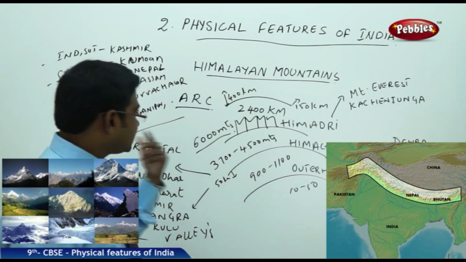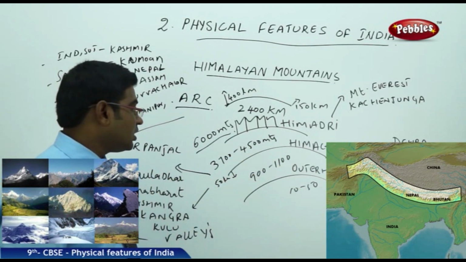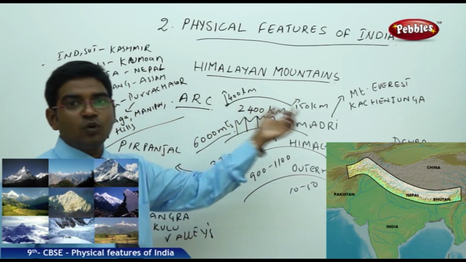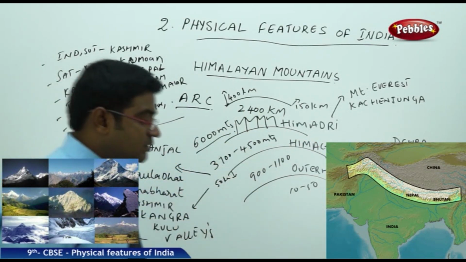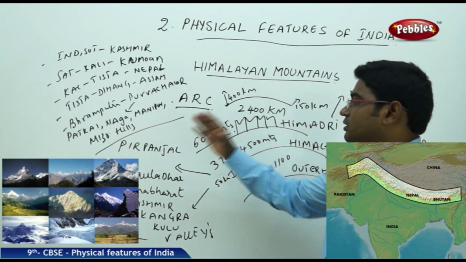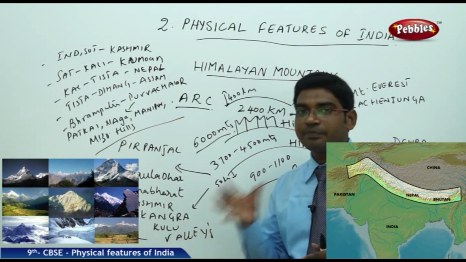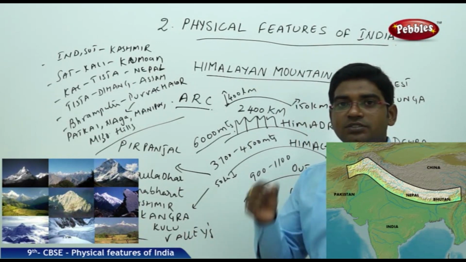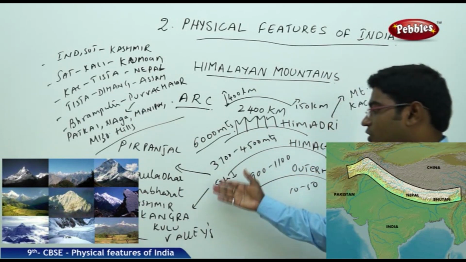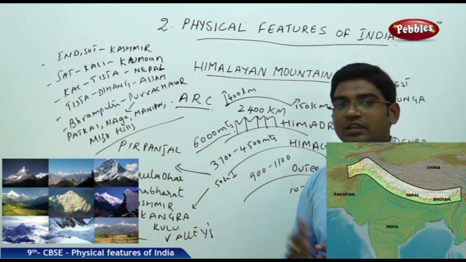When we move on to the second mountain range, it is known as Himachal. The average height of the mountain ranges present here is 3700 to 4500 meters, and the special feature in this region is the Pir Panjal range, which is a very large chain of mountains. Here we don't find the continuous chain of mountains as we find in the Himadri region, and here we also find very beautiful valleys which attract millions of people towards Kashmir.